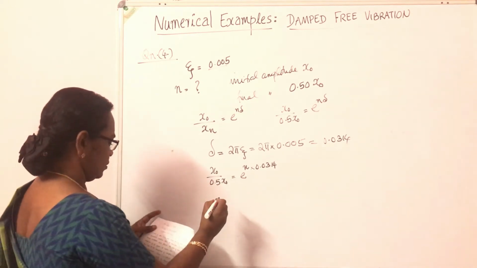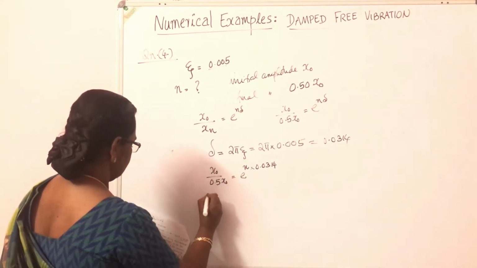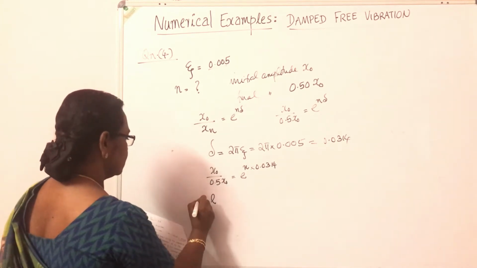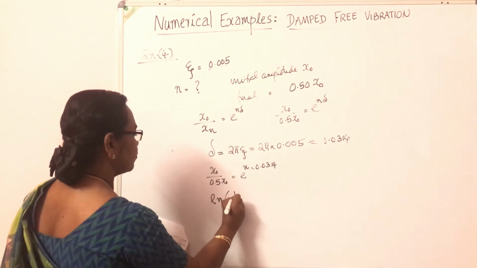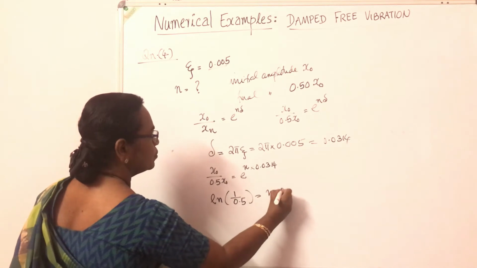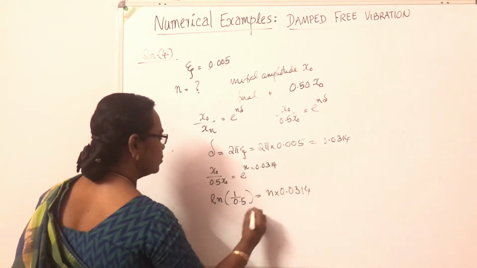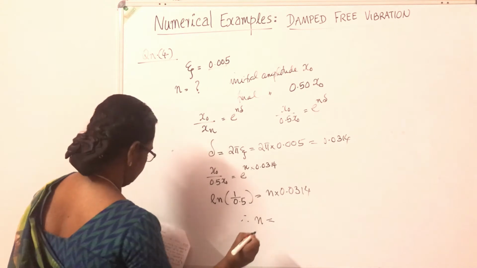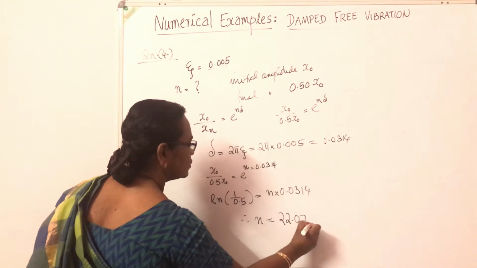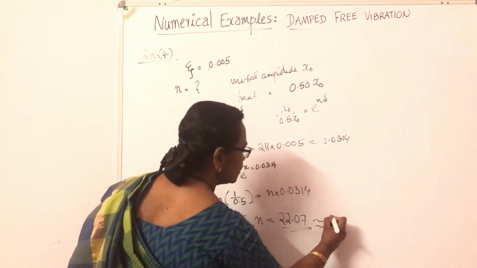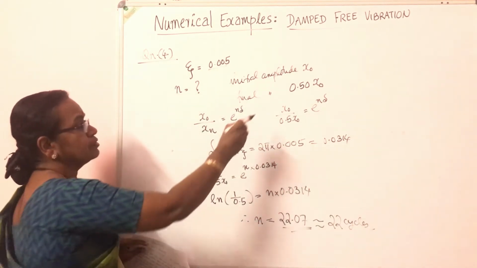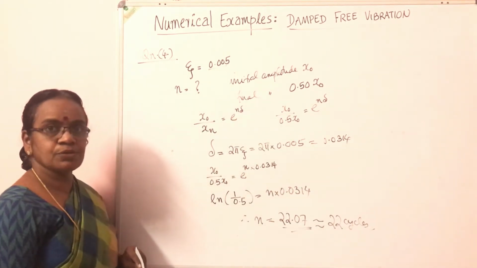Taking the natural logarithm of both sides, the natural logarithm of 1 by 0.5 is n into 0.0314. Therefore, we get n is equal to 22.07, that is 22 cycles. So the amplitude will reduce to 50% in 22 cycles.